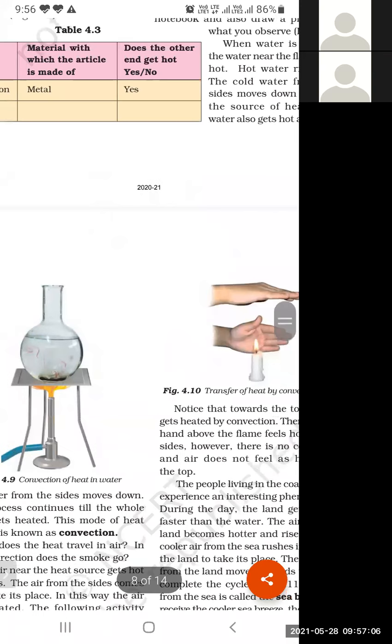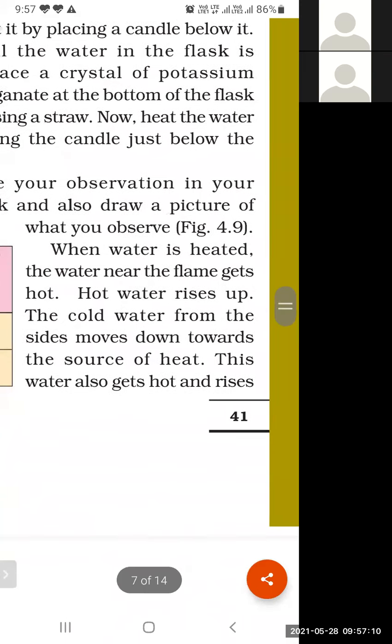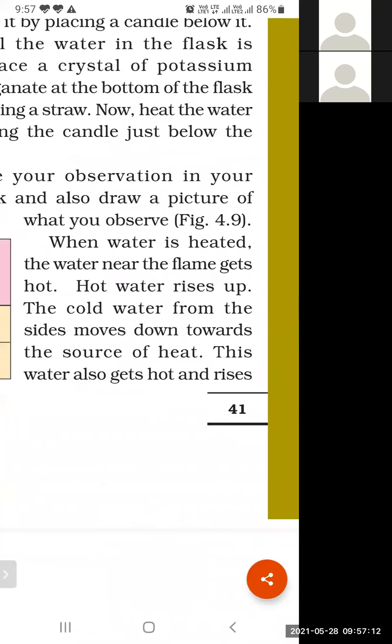So what do we observe? When water is heated, the water near the flame gets hot, and the hot water rises up. But this phenomenon does not happen when we are heating a metal rod.